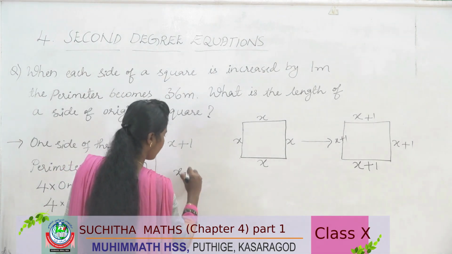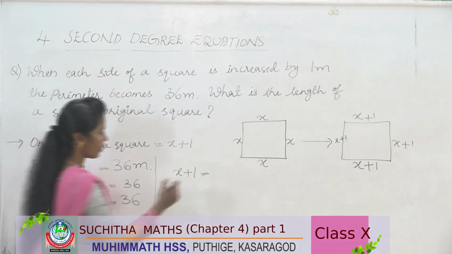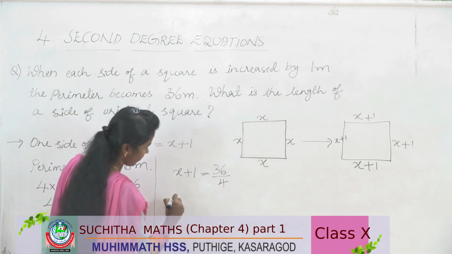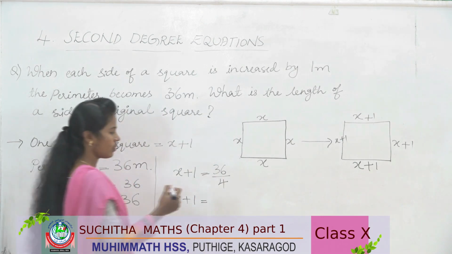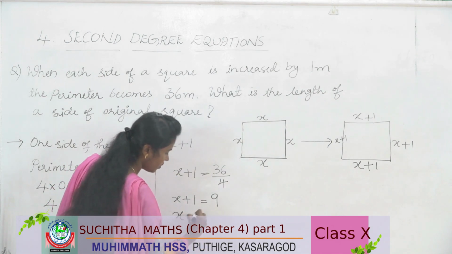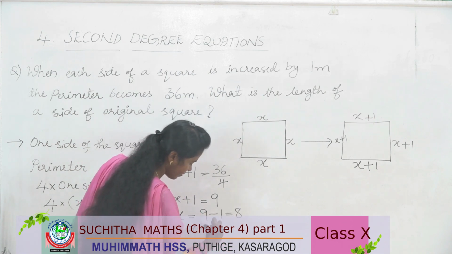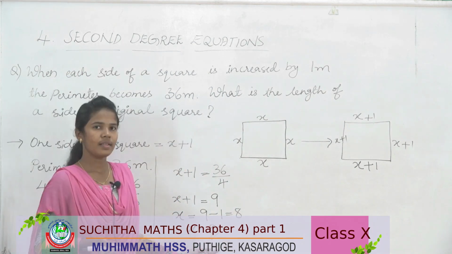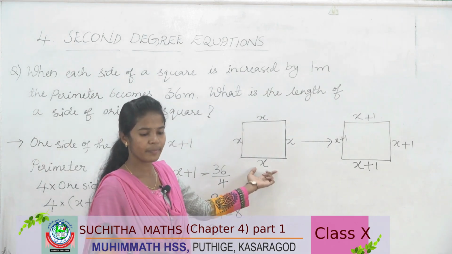That is x plus 1 equal to 36 divided by 4, which is 9. Therefore, x equal to 9 minus 1 equal to 8. Value of x is 8 and x is the length of the original square.